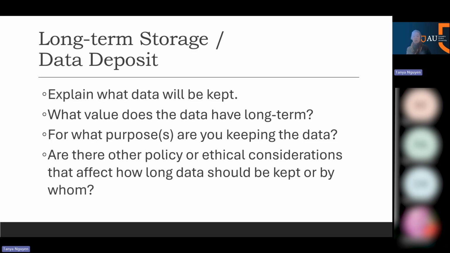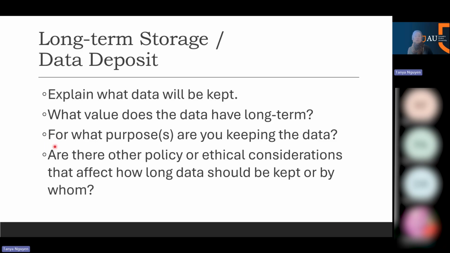Is the data independent of, or specific to, software needed to access and interpret it? And will the data be unique? Is your copy the only one, or is there another copy held by another institution or body? For example, if you're using secondary data analysis, someone else might have that master copy.